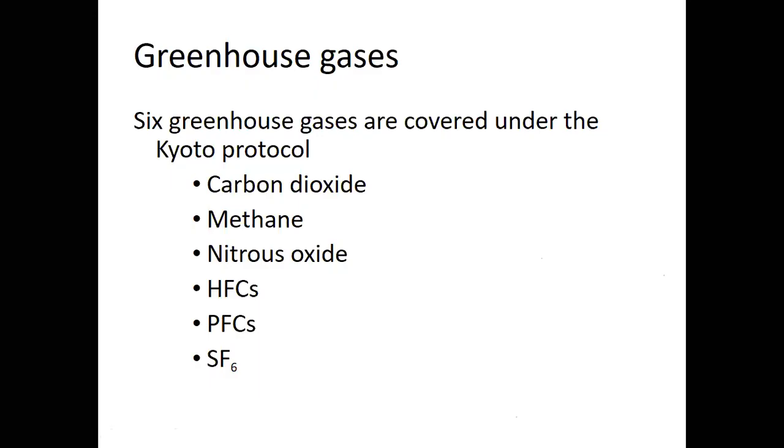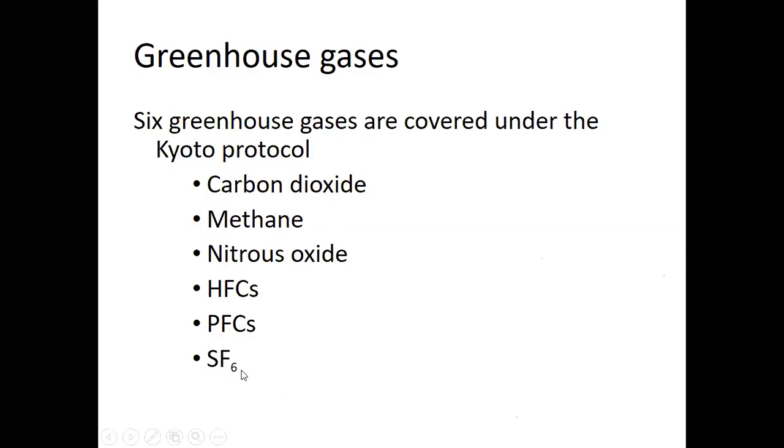Okay, but the USA, United States of America, and UK, Australia, and some countries did not ratify the Kyoto Protocol. They did not ratify, meaning they did not sign that international treaty. So according to the Kyoto Protocol, we have to reduce the emission of these gases.